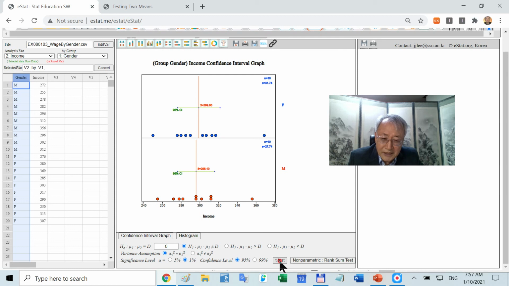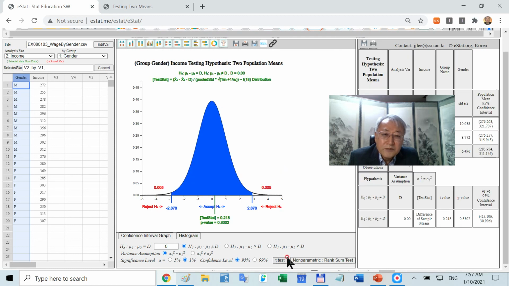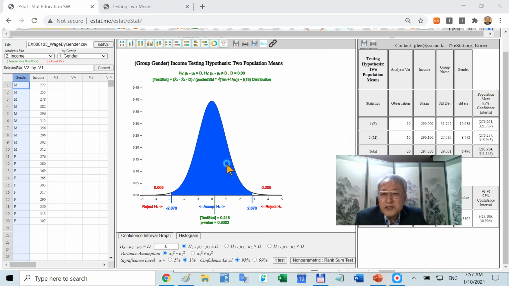Then if you select the t-test, you will have a similar output as in the E-stat U module. You can see that the test statistic looks like this. It is very much inside this sampling distribution. Therefore, H0 should be accepted.